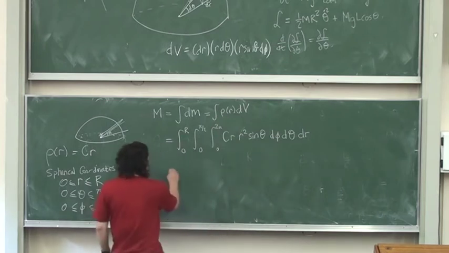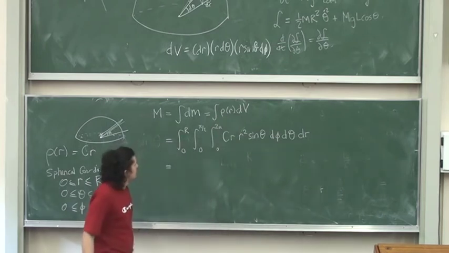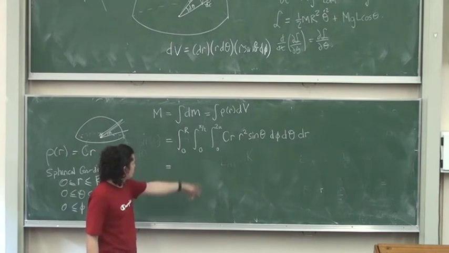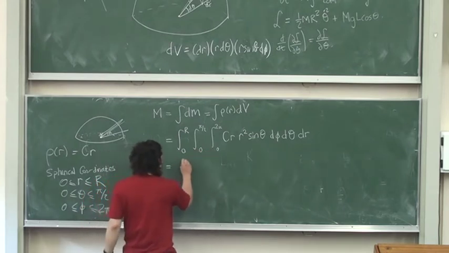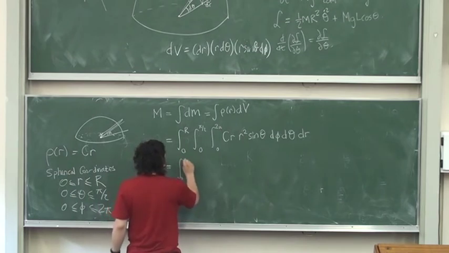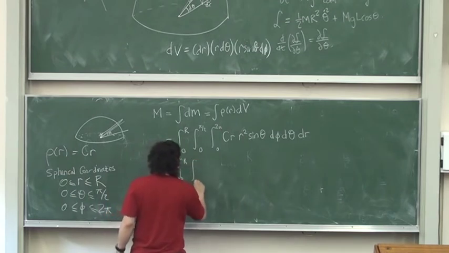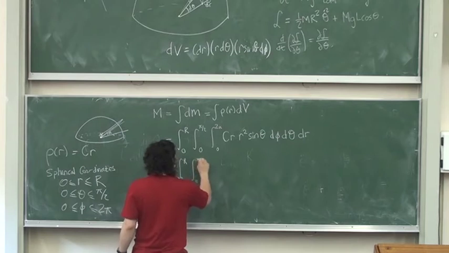Right, so let's evaluate this. That's C r cubed. So integral 0 to r, integral 0 to pi by 2.